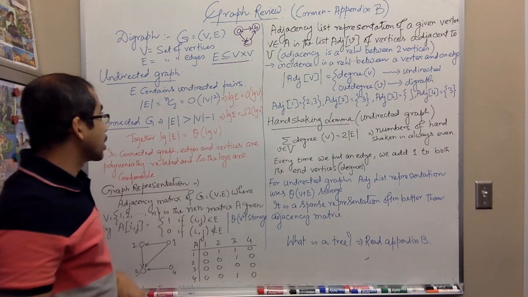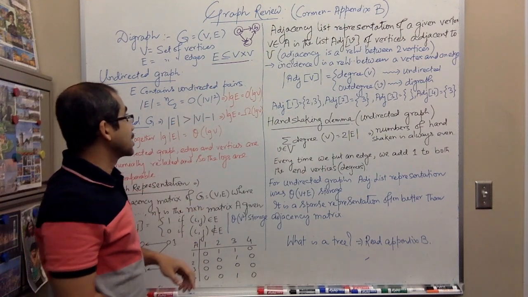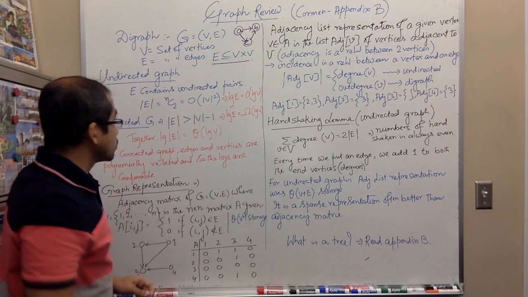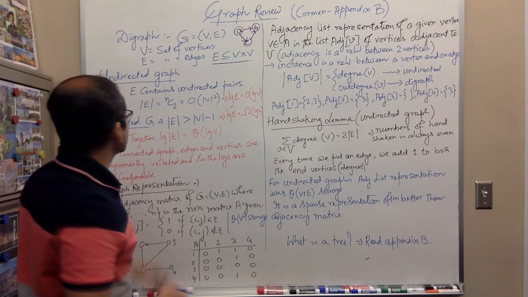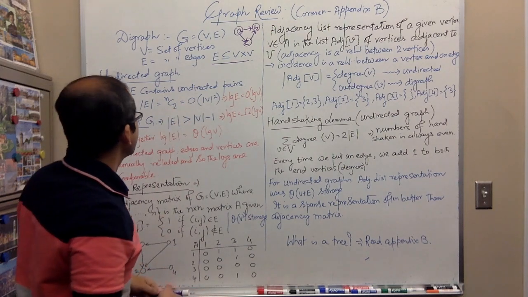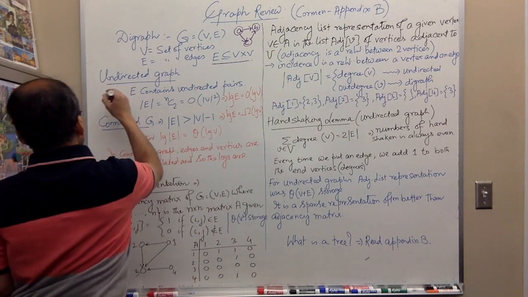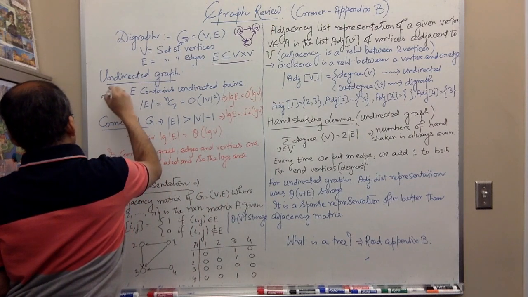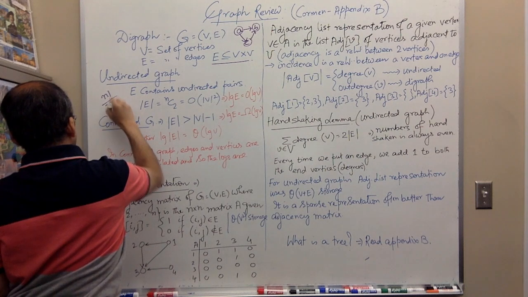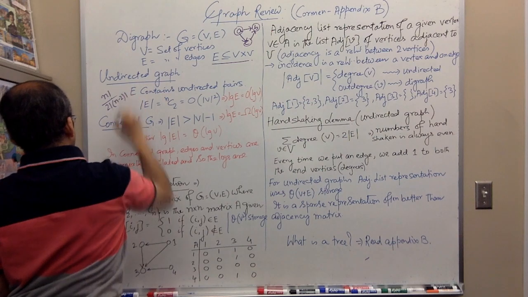That is order of mod V squared. Here mod V means the size of the vertex set V. So n choose 2 becomes order of V squared, because n choose 2 is n factorial over 2 factorial times n minus 2 factorial.